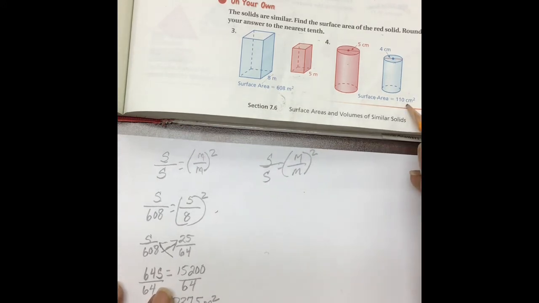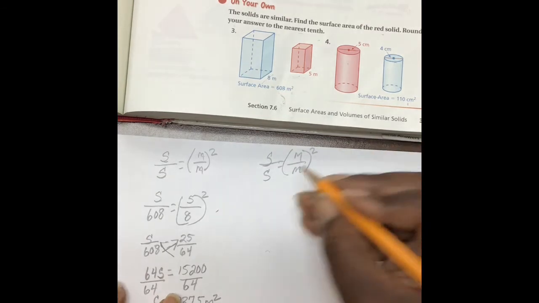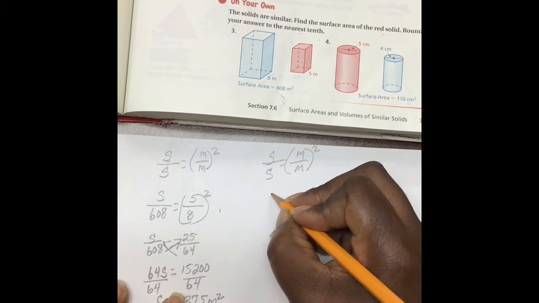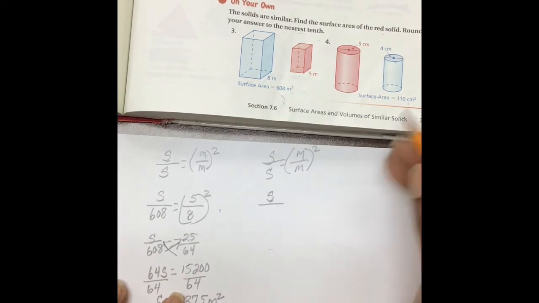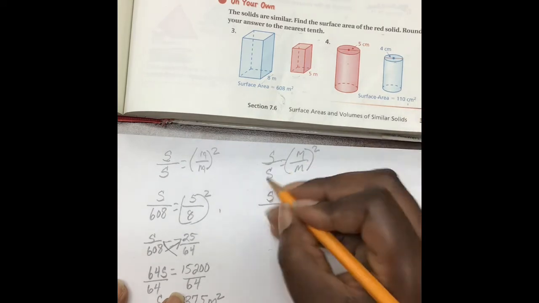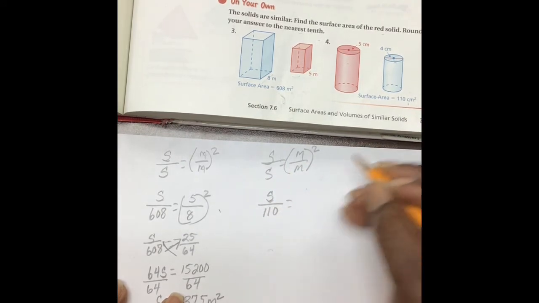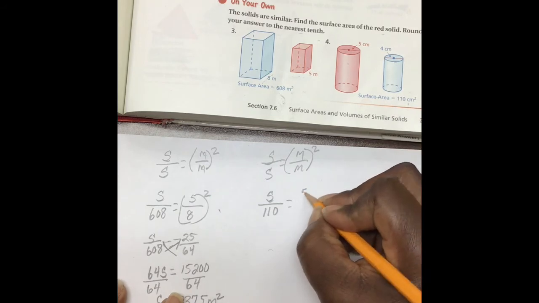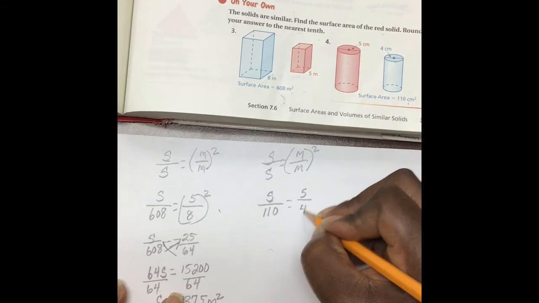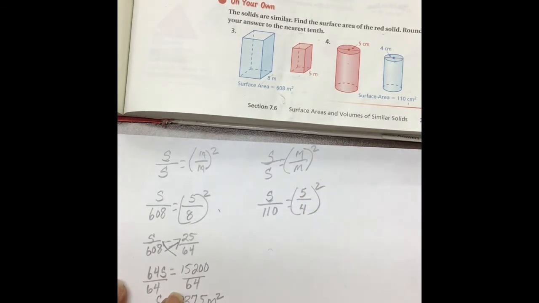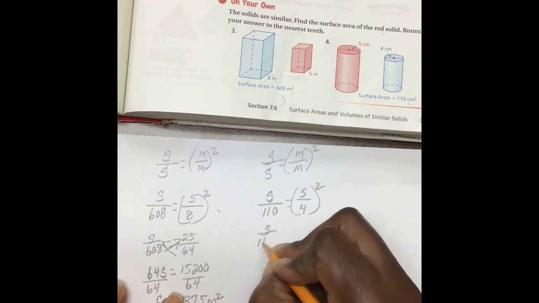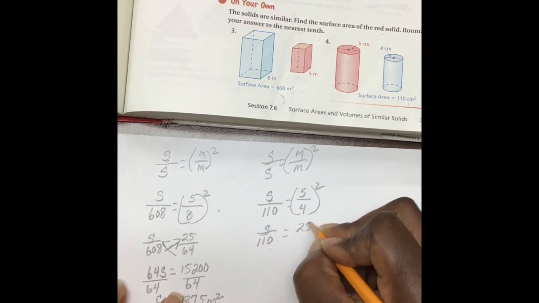We're going to put the red on top. Red is what we don't have for surface area, blue we do have. Red is going to be 5 on top, and blue is going to be 4 below, squared. So S over 110 is equal to 25 over 16.